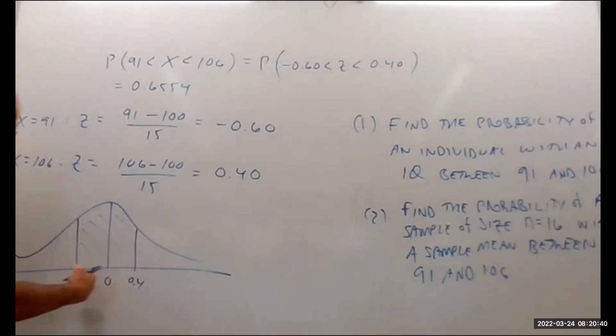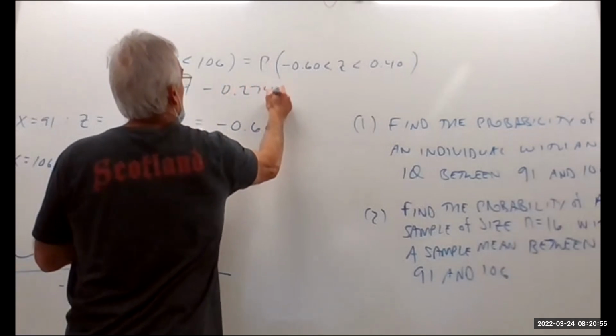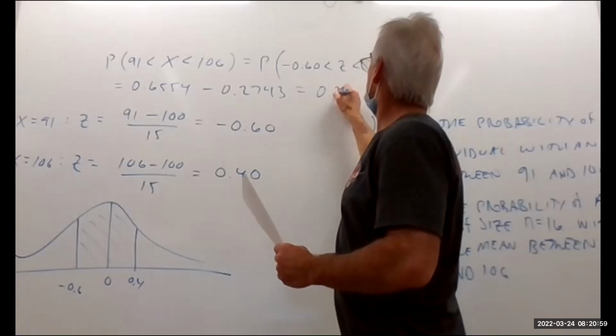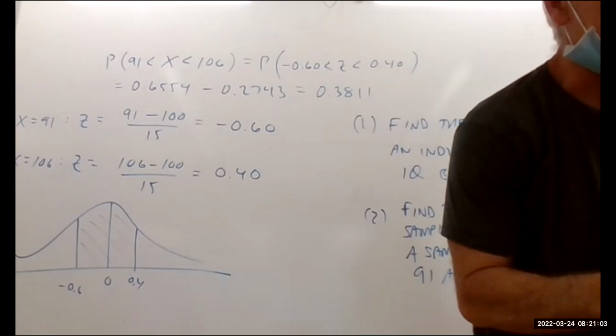Now, what am I doing? I'm now subtracting the probability of being less. So what's the probability of being less than negative 0.6? 0.2743. And so what is that difference? 0.3811.